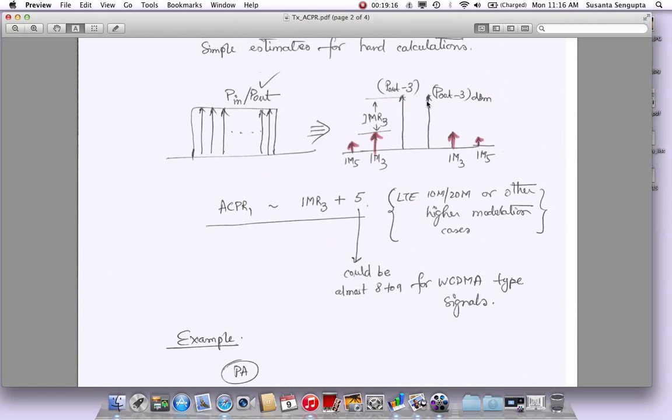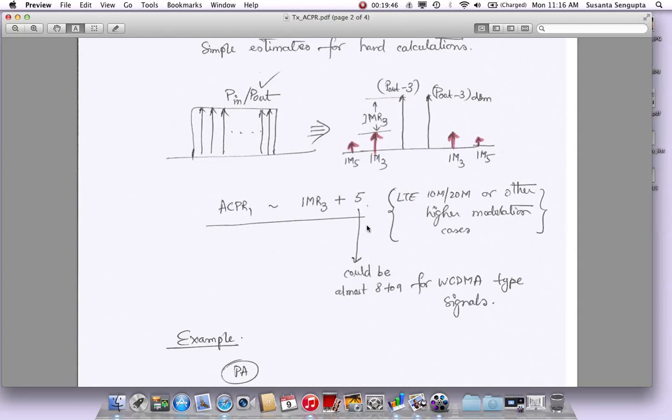But if there were many, many carriers, and you had many IM3 components generated, they are all going to be in different phases, so you will not add all of them up in the same phase, and that's why you get a little fudge factor. We call it the fudge factor, which comes from much more detailed modeling in MATLAB of OFDM signals, also from measurements in the labs, and you come up with some factor which can be used in hand calculations.